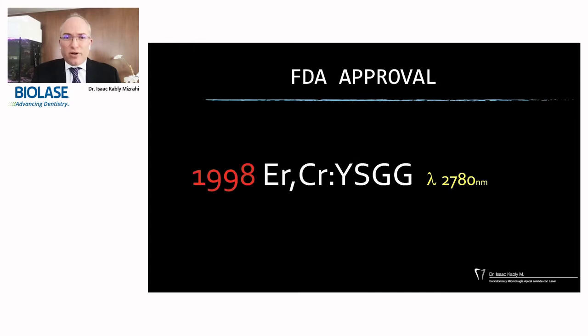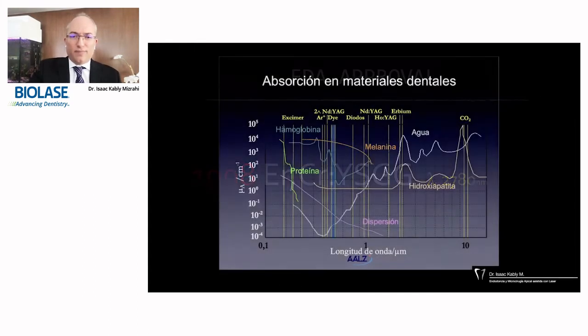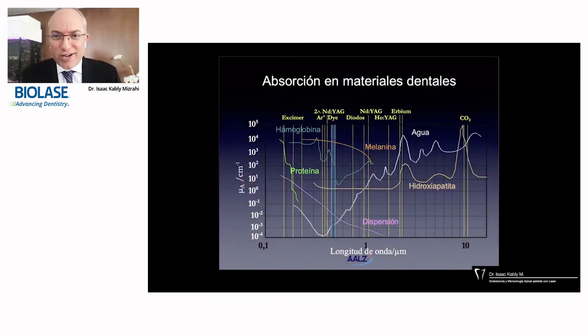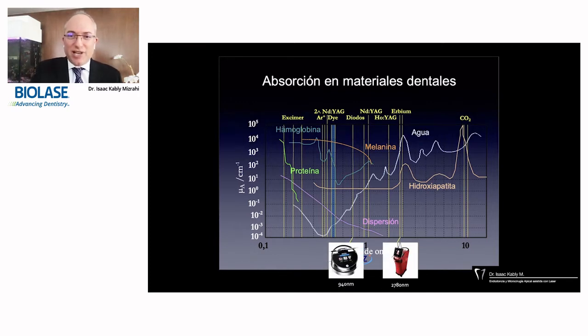As I mentioned before, in 1988, the FDA approved this wavelength for dentistry. And we have this Spanish chart that I got from my first master's course. It is a very interesting chart because the erbium lasers, over here, have these two very narrow spaces where we can see water here, hydroxyapatite here, and obviously melanin is not touching.